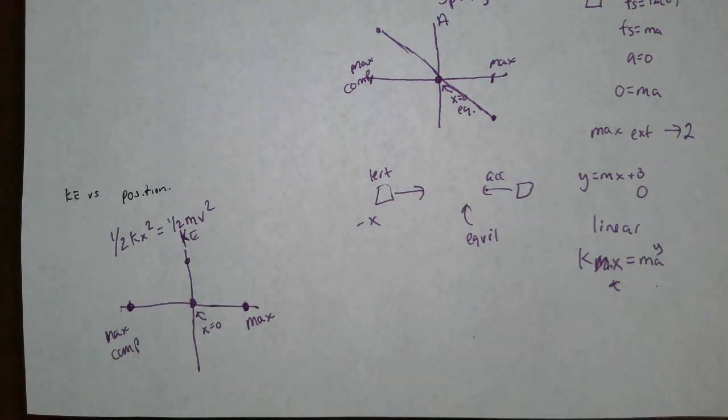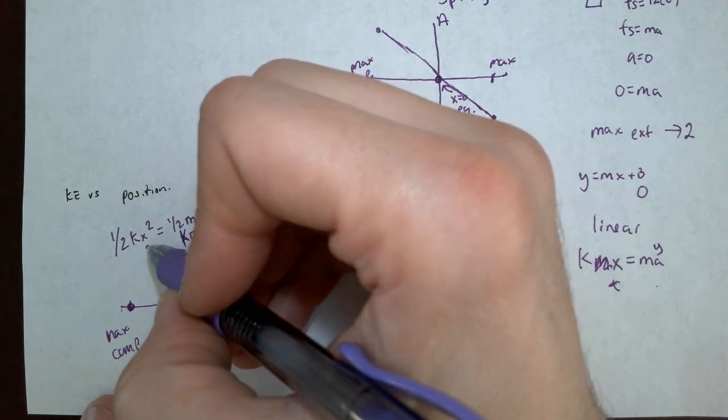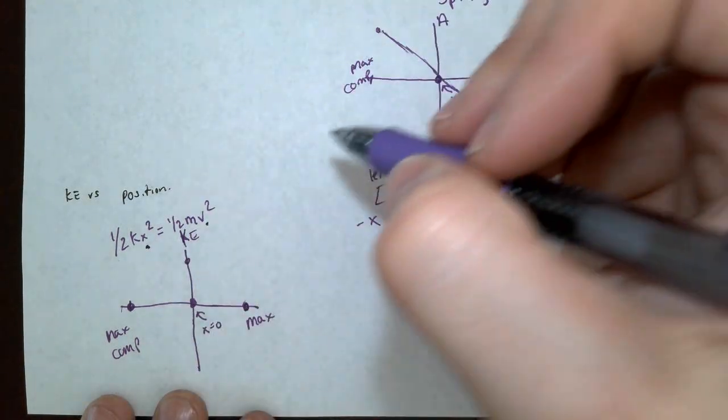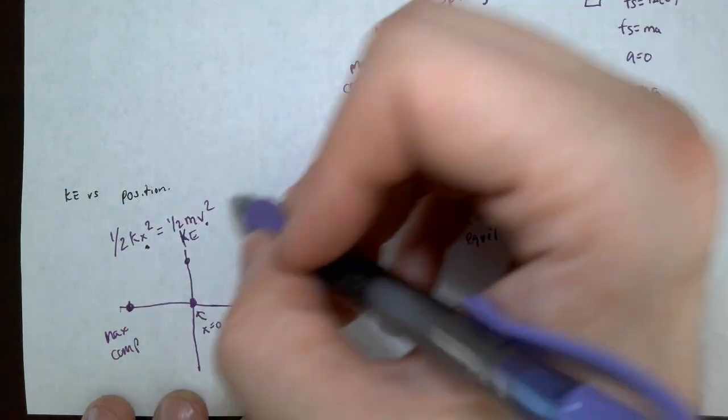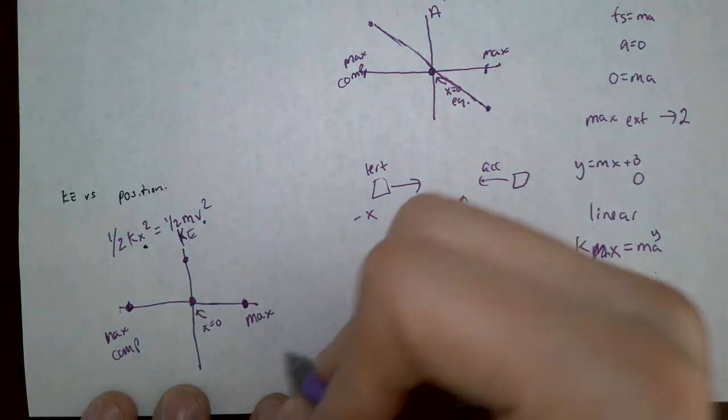All right, so the question now is, what kind of graph would we be looking at here? Well, let's see. If we looked at the kinetic energy as a function of position, if we plug in an x value, that's squared. Let's simplify it a little bit further.